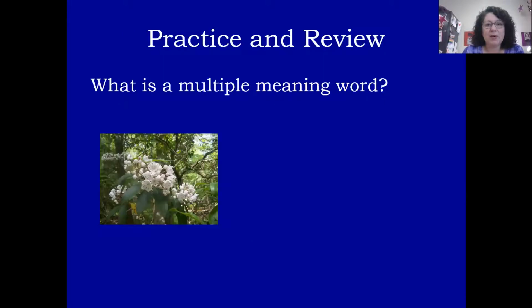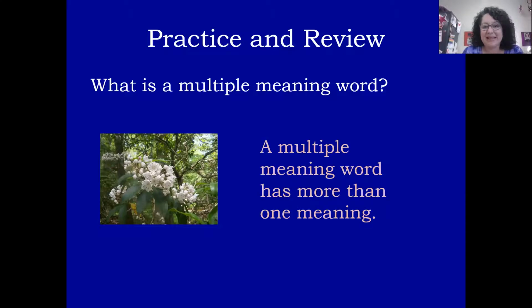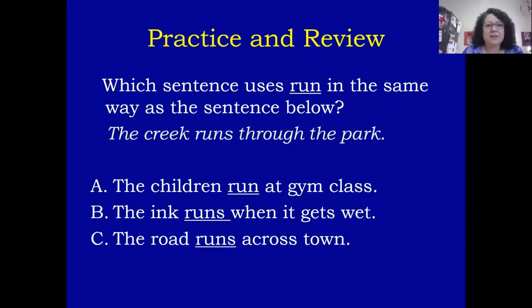All right, what is a multiple meaning word? A word with more than one meaning, okay? Like the word multiple. That's how you figure that stuff out. Okay, which sentence uses run in the same way as the sentence below? The creek runs through the park. Is the creek really running? No, it's a creek, it's water.